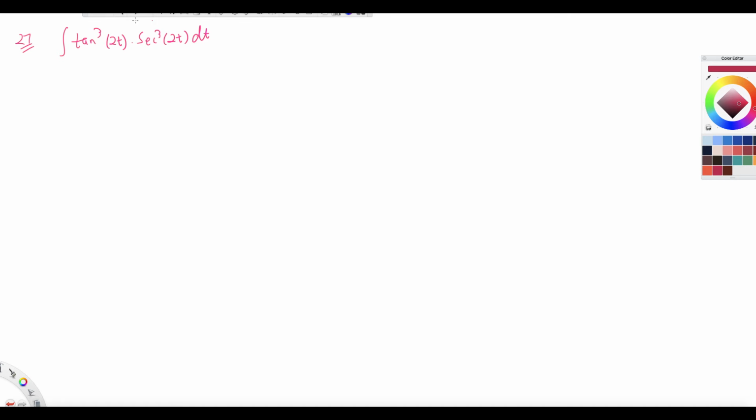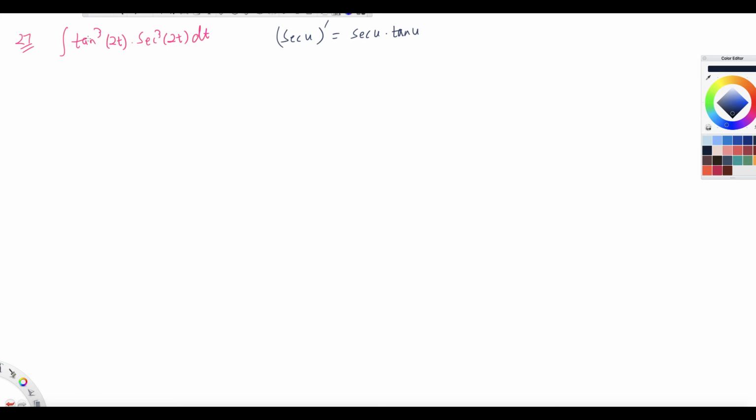Okay, and here both of them are odd. What do you think? How should I break it? Because I know the derivative of secant. Do you know that? The derivative of secant u, secant u prime, is secant u times tangent u, right? That's what the derivative is.